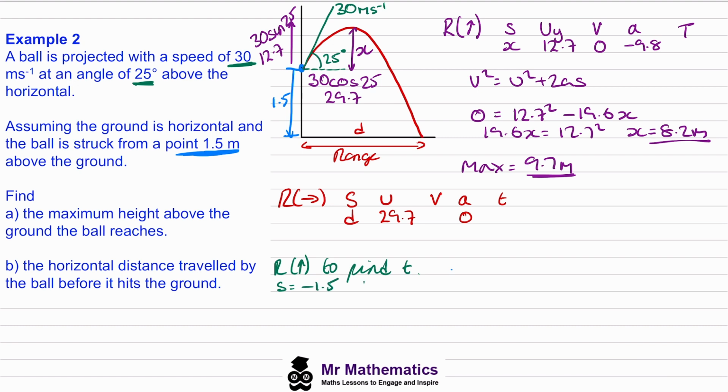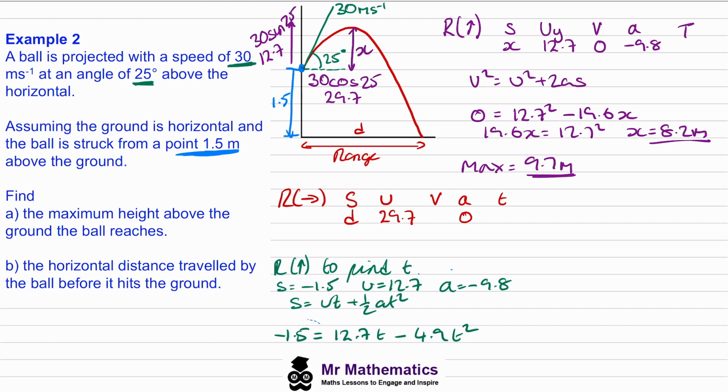We've already worked out the initial velocity as 12.7, and we know the acceleration is negative 9.8. So using s is equal to ut plus a half at squared, negative 1.5 will equal 12.7 t minus 4.9 t squared.